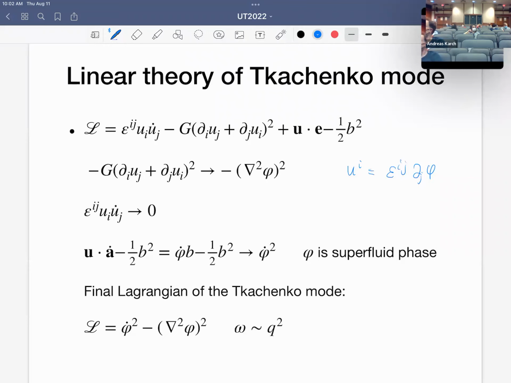And now another thing you can see is that if you put that into this Berry phase term, you get 0. If there is only one mode, there's no way that one can have a Berry phase. The first time derivative term with one scalar field is always a total derivative.